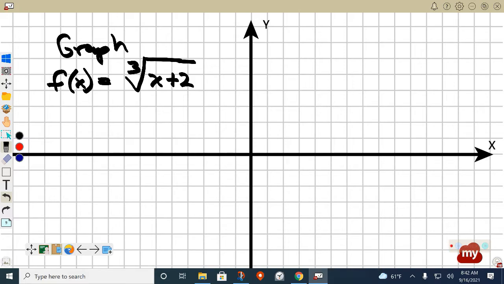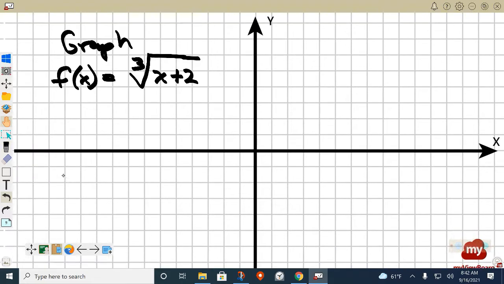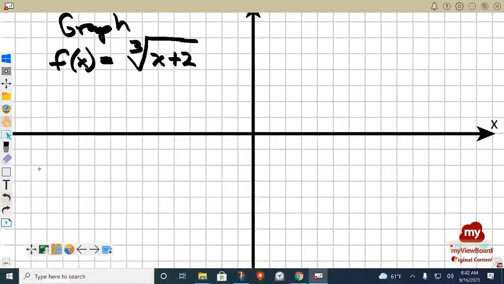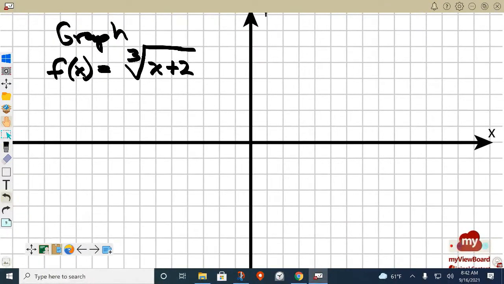Graph f of x equals the cube root of x plus 2. So far, so good.